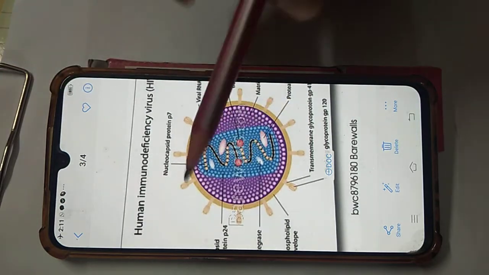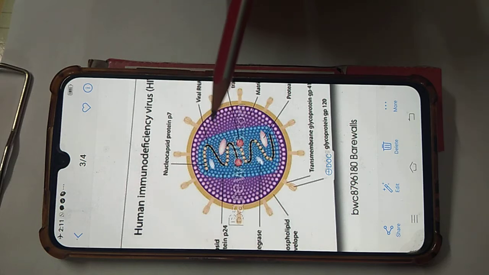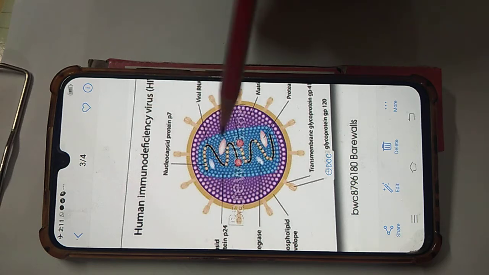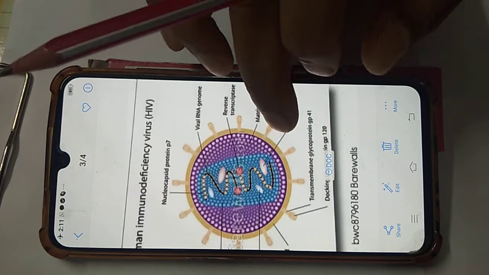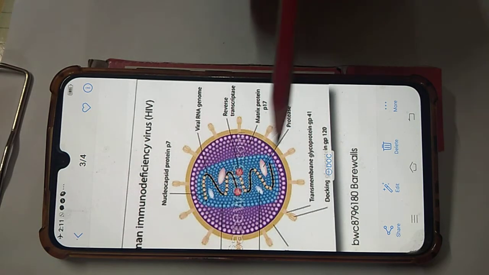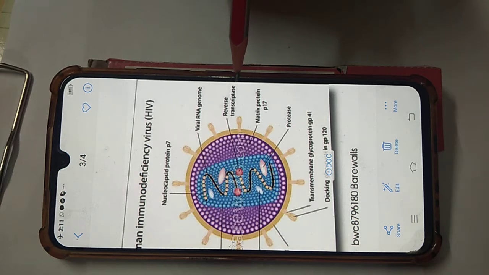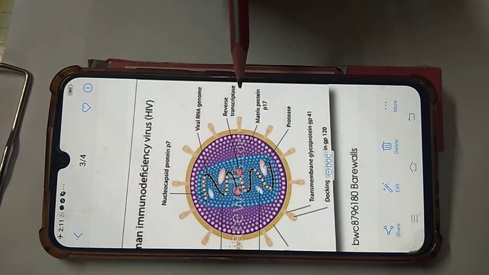Internally, there is a phospholipid envelope, the membrane that you know, the phospholipid bilayer. And internally, when we talk about the genome or the genetic material, they have this spiral RNA molecule, two viral genomes here, and one very important and critical enzyme, the reverse transcriptase enzyme.